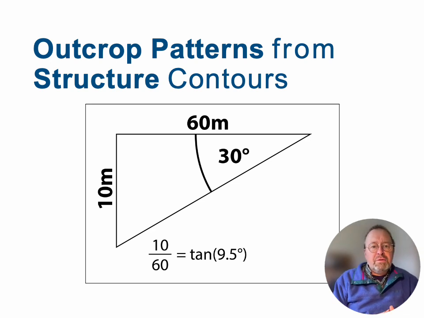So again, we can use the vertical separation of the contours, which we know to be 10, we've defined it as 10, to calculate the dip here using a simple tangent calculation.